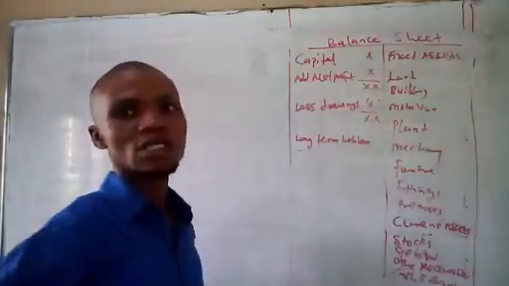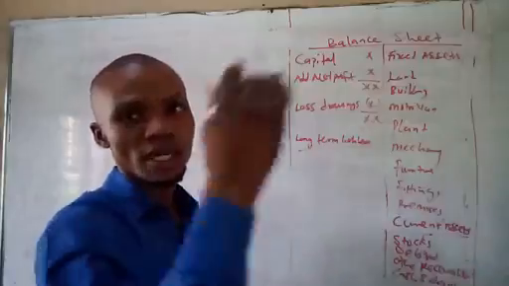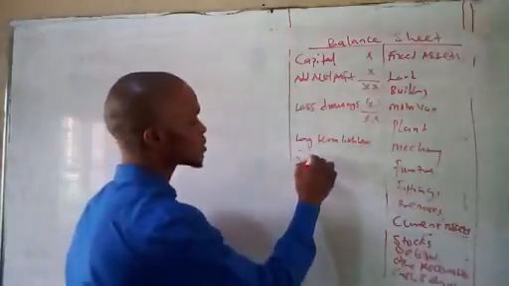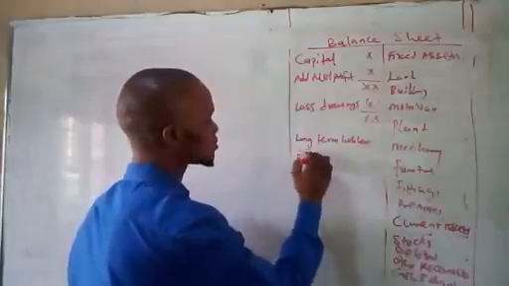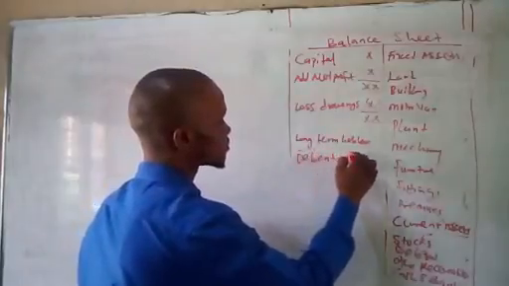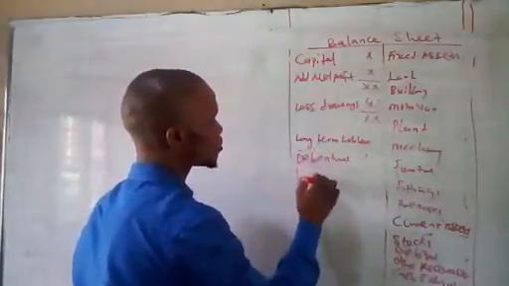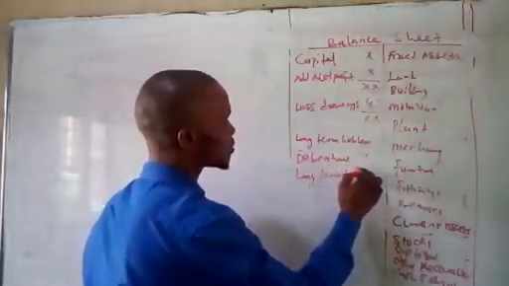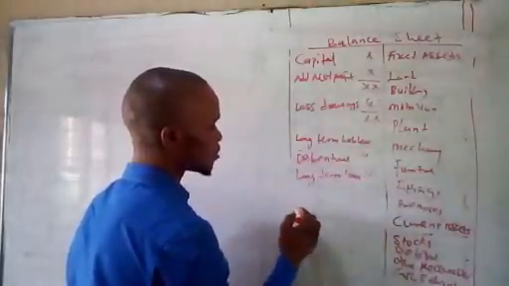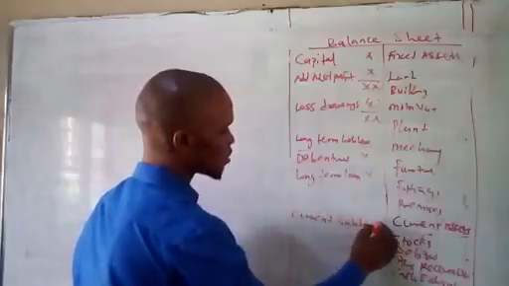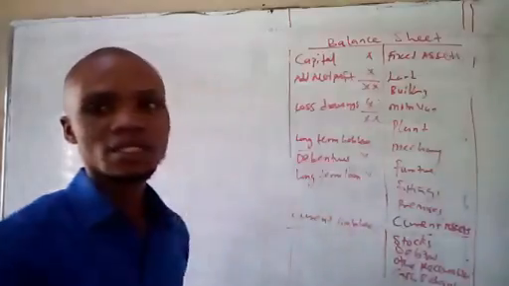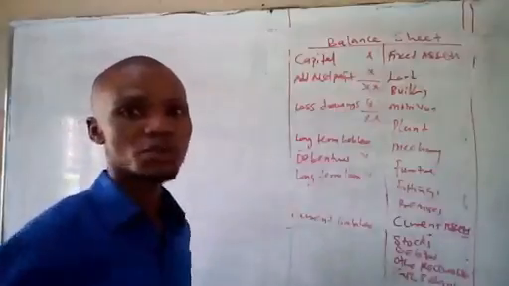Long-term liabilities are those debts that you are expected to settle over a long period of time. We have debentures and long-term loans. Now we come back to current liabilities. Current liabilities are those debts that you are expected to settle within a short period of time.